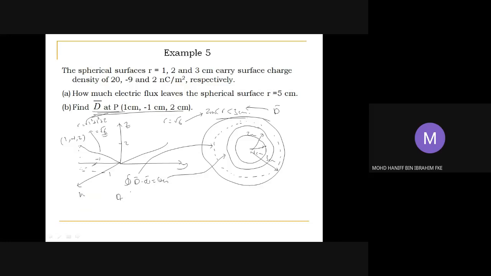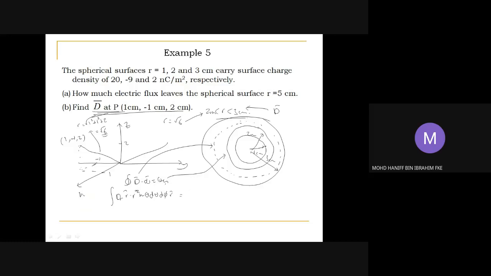Due to that, the spherical surface will also have D in the r direction. So we have D as D_r in the r direction, and dS will be equal to r squared sine theta d theta d phi in the r direction.